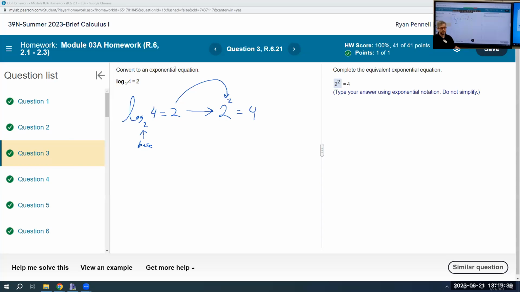I mean, this is a groundbreaking proof. It means 2 times 2 is 4. That's what we've proven here. Okay? So it's nothing deep, but we're just knocking off some rust with some of these logarithms and exponentials. It's nothing super deep yet.